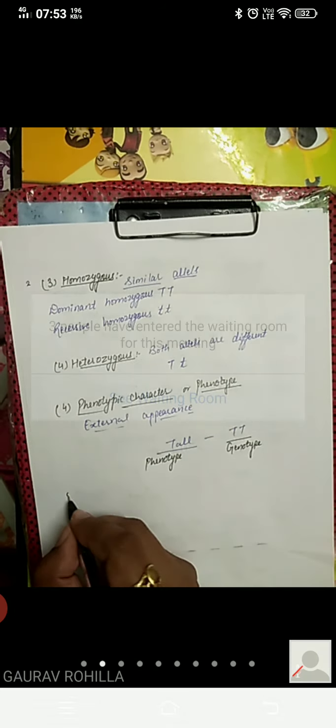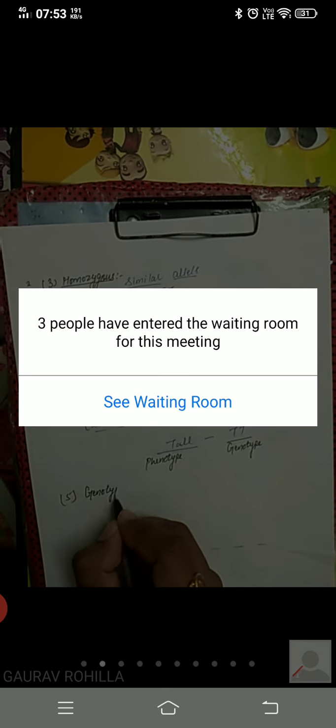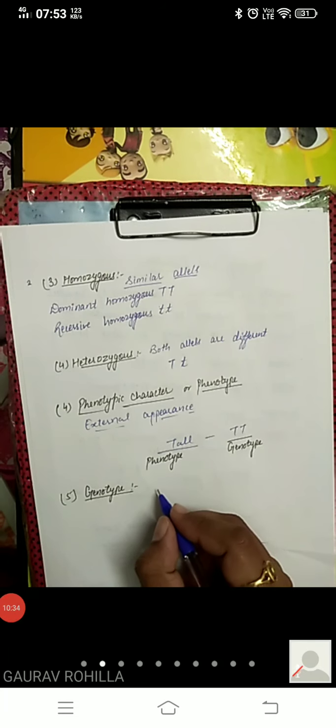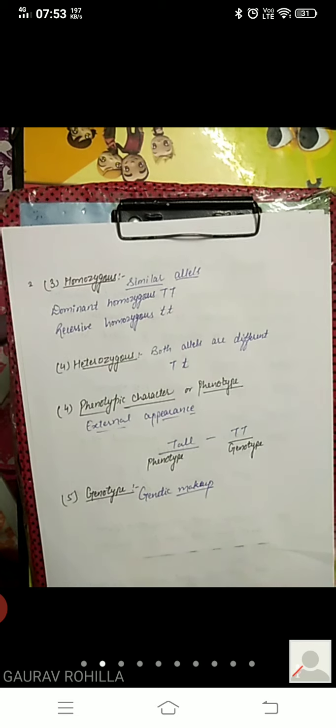The next term is genotype, meaning genetic makeup, is called genotype.